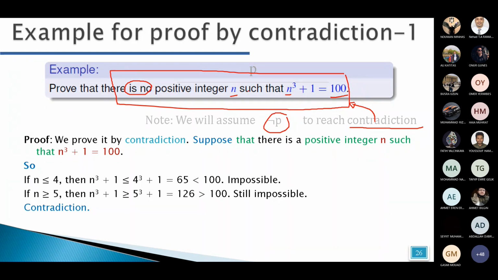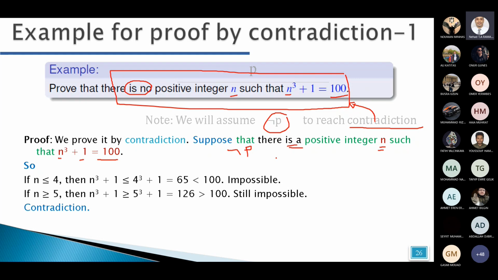So P here is that there is no positive integer. So not P, we will say that there is a positive integer n. This is our assumption, which is not P. There is a positive integer n such that n to the power 3 plus 1 equals 100.